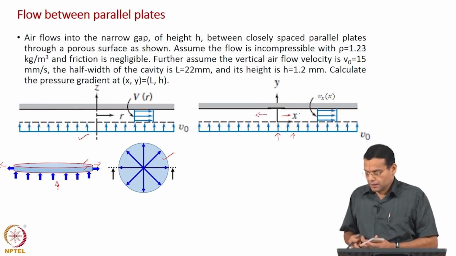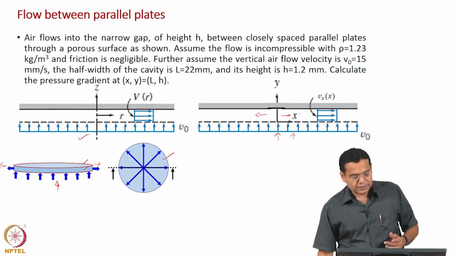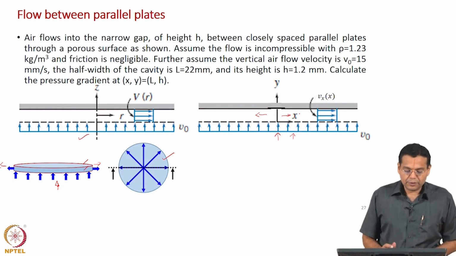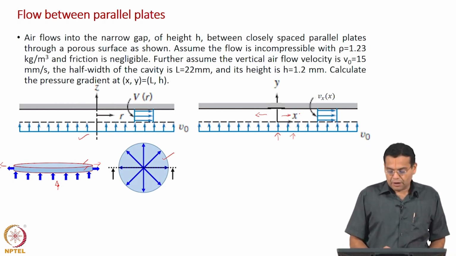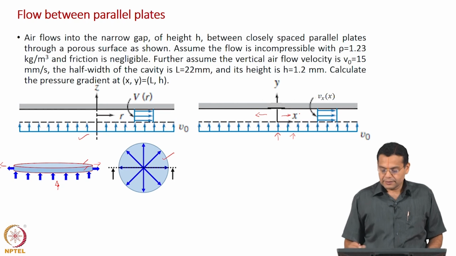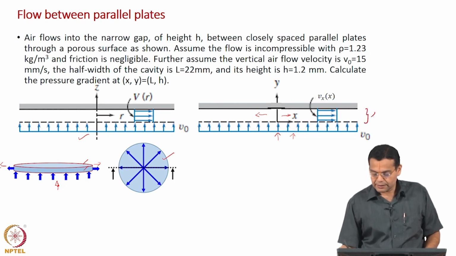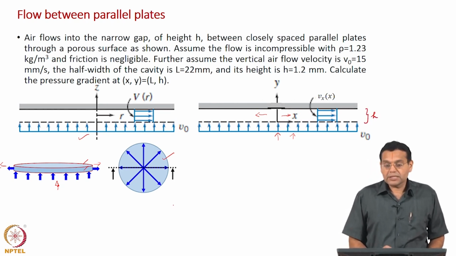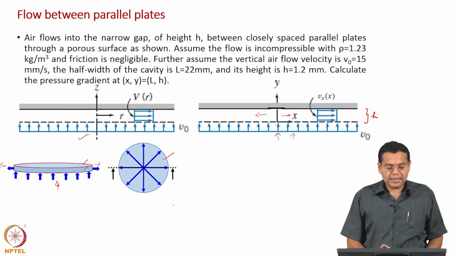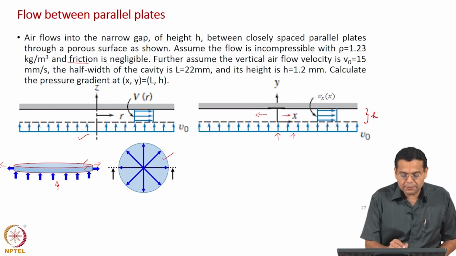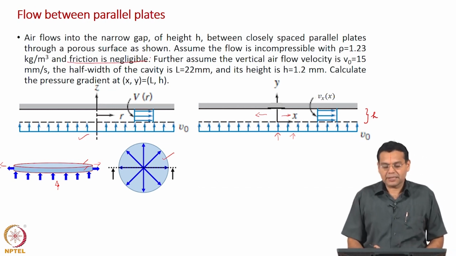Okay. And now let us read the example. Air flows into the narrow gap of height h, this is the height h, between closely spaced parallel plates through a porous surface as shown. Assume the flow is incompressible with rho equal to 1.23 kg per meter cube, the density of air, and friction is negligible. That is the case we are discussing now.